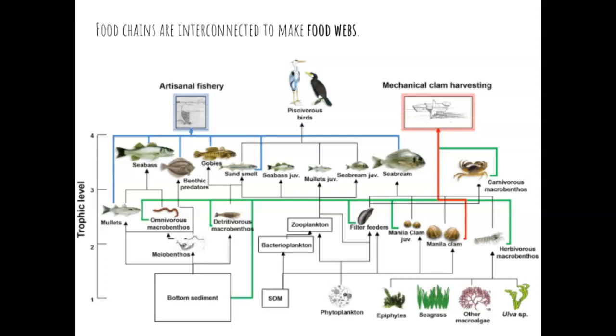So if you were to have a meal that included both some type of fish as well as clams, you would average out to being about a level 4 or so. And so what you eat most of the time determines your level within a food web.